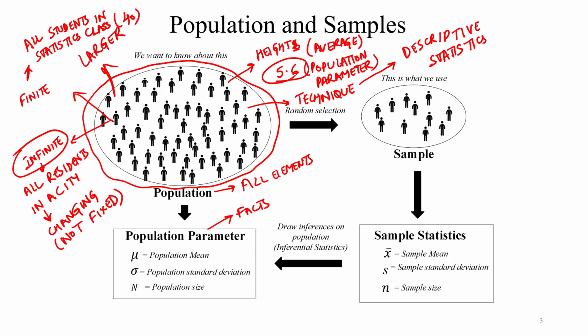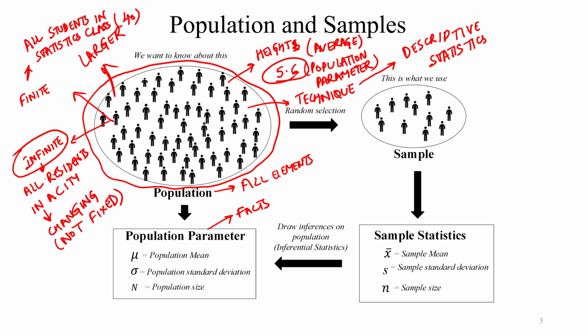If we wanted to measure the height of residents in a city, it's a challenging task because the city might have 100,000 or 200,000 people. Measuring each one of them is challenging.